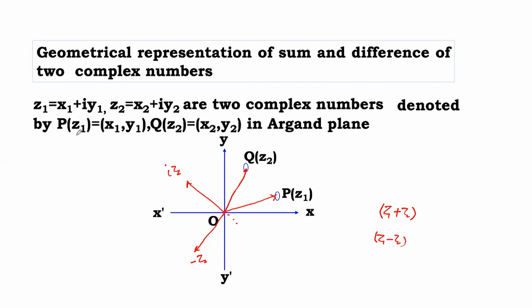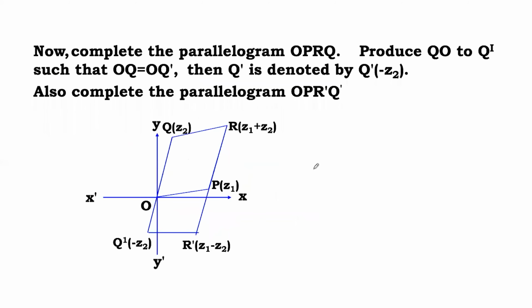In coordinate form, if the point P of Z1 is represented as x1, y1, and Z2 is represented as x2, y2, in the Argand plane, this is the real axis and this is the imaginary axis. So how to go for this? Now, complete the parallelogram. This was our Z1 and Z2 was given.